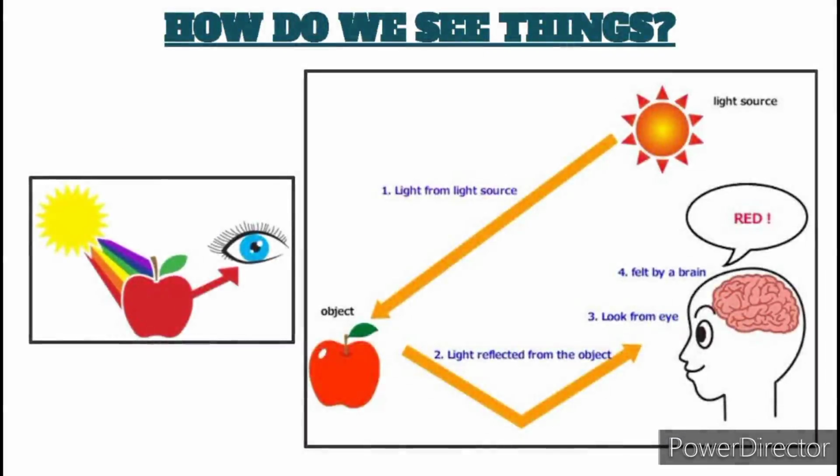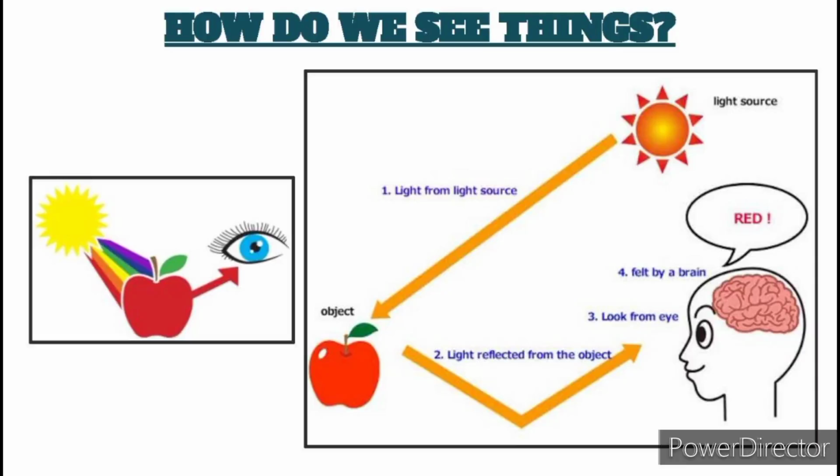How do we see things, children? What's the science behind this? Let's see. Look at this picture. The sun is there and an apple is there, right? During daytime we are getting light from the sun. The sunlight is hitting the apple and the light is getting reflected. The reflected light is reaching our eyes.